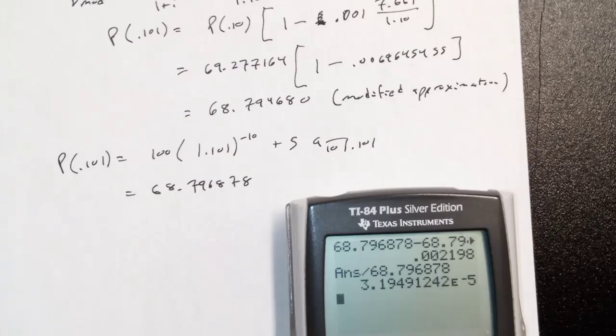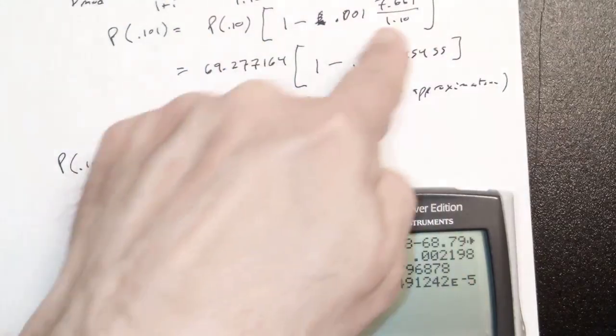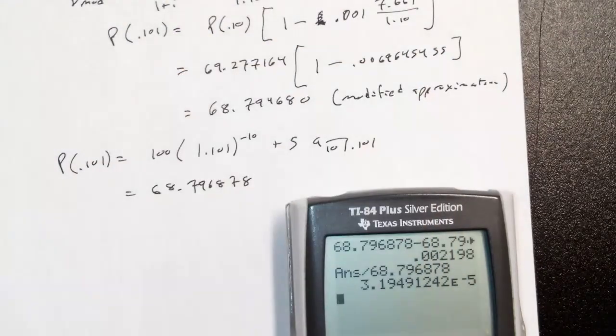But this was the modified approximation. It was a straight line approximation. And straight line approximations are quote unquote easy. I could just as easily use the Macaulay approximation with the exponential term in it and get a similar result. And then I would have had to do this division by 1.1 here. But a straight line approximation is always easier than an exponential approximation. It's just an easier calculation.